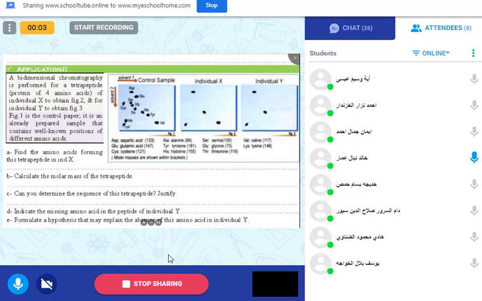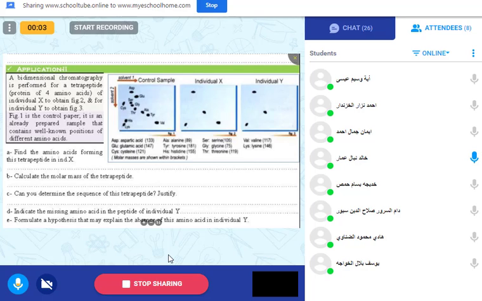Find the amino acids forming this tetrapeptide in individual X. How can you know them, Khaled, by doing what? Chromatography.